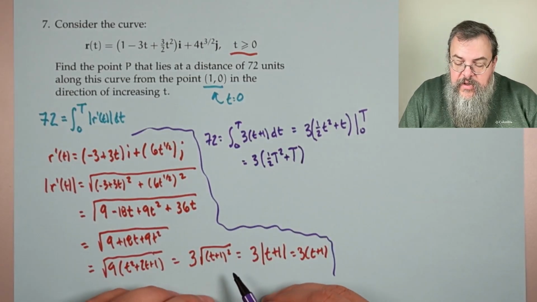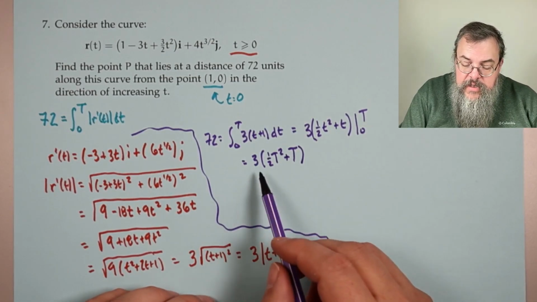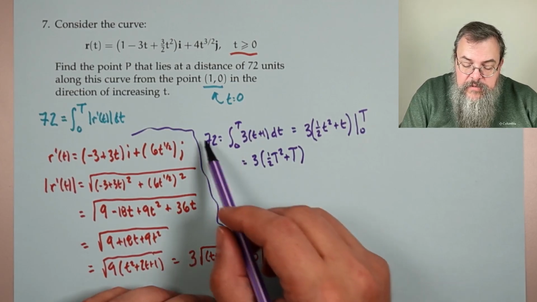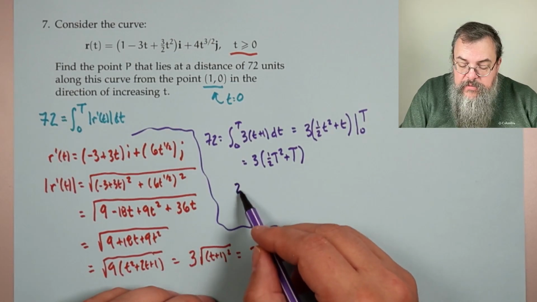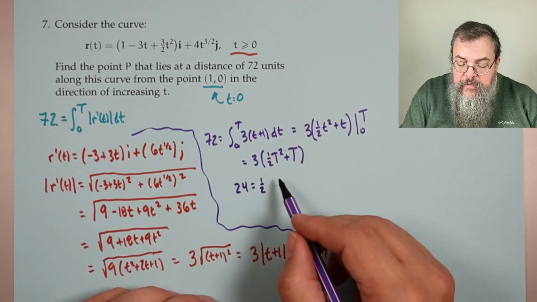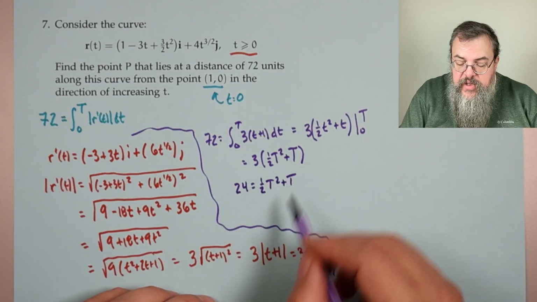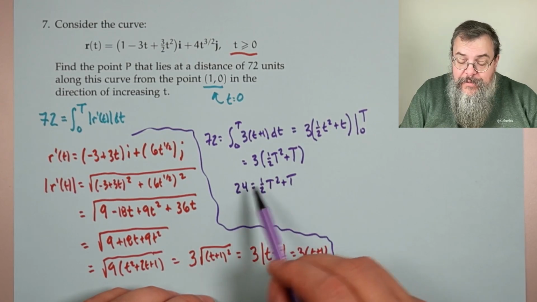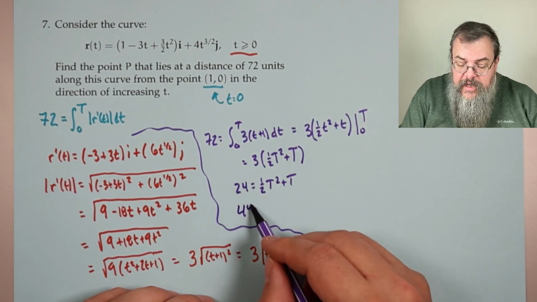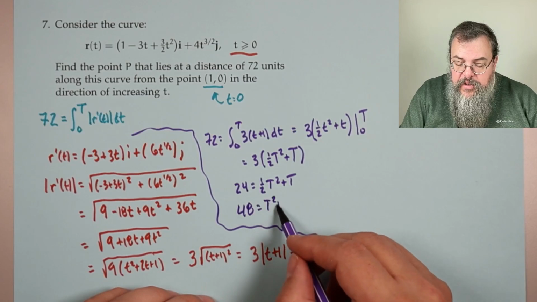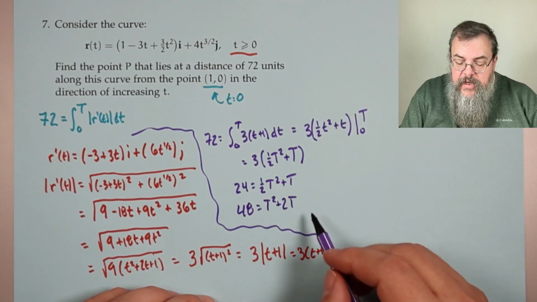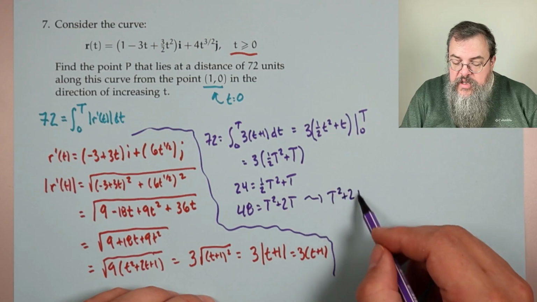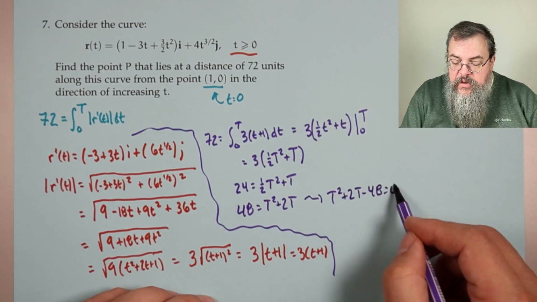All right. Now we need to solve. Let's divide both sides by 3. So we need 24 equals 1/2 T squared plus T. And we can multiply both sides by 2. 48 equals T squared plus 2T. That's the same as T squared plus 2T minus 48 equals 0.